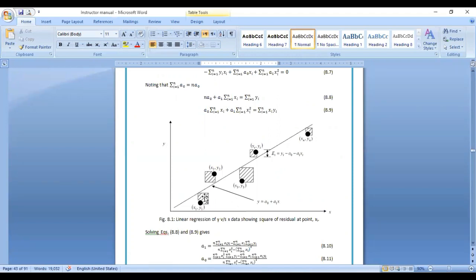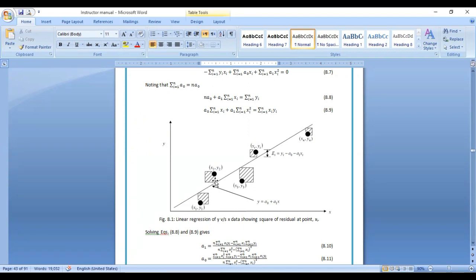For example, if we are just taking the error by taking the difference between the regression model and the experimental data, then in this figure you can see that at this point our error will be negative because the experimental value is less than the mathematical model, and at this point our experimental value is higher than the mathematical model. So if we add just the errors at the two points and we don't square them, then we will get zero error.